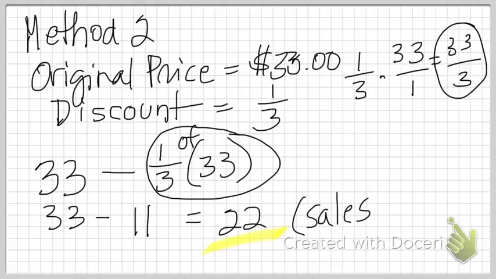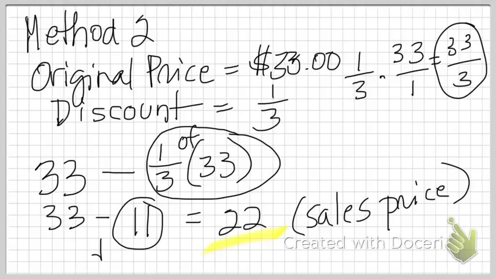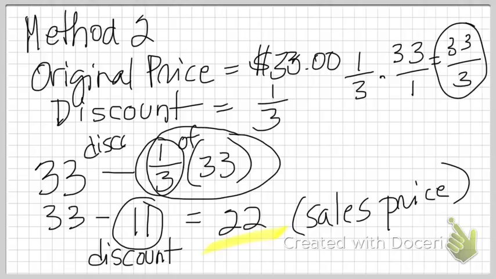And this 11 is our discount. The 1/3 right here is our discount rate. So some different terms here: our discount rate is the 1/3, our discount is $11, our sales price is $22, our original price is $33.